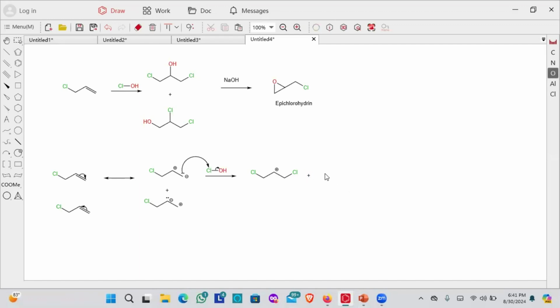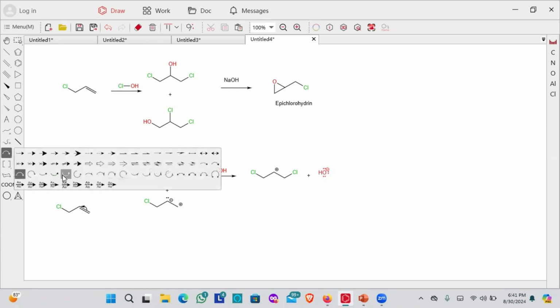So the OH minus is going to attack the secondary carbocation. Let's show how this is going to work.